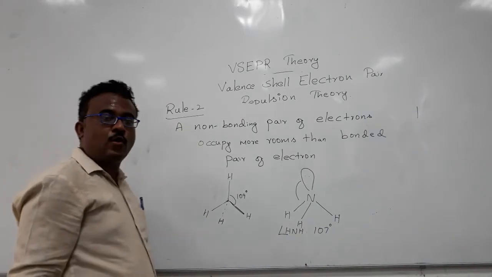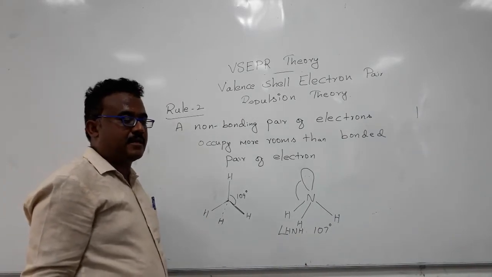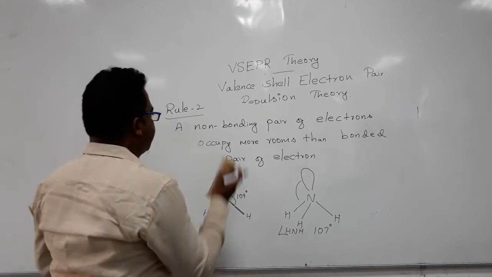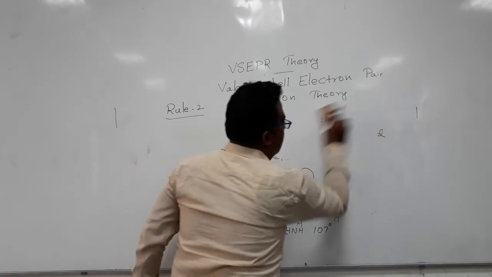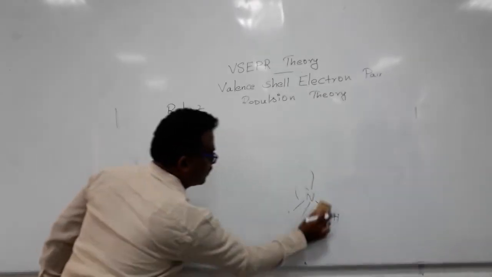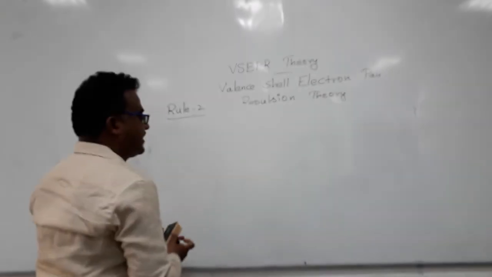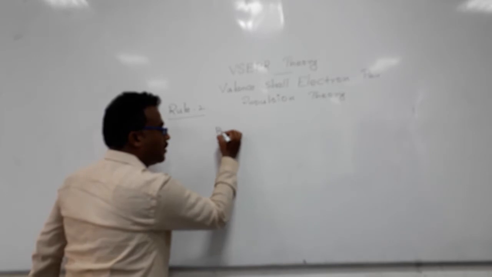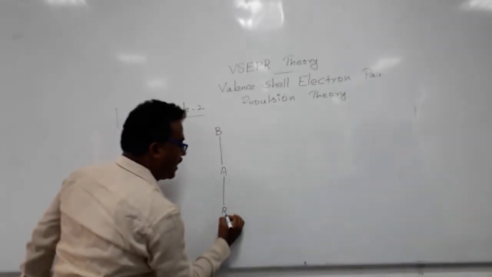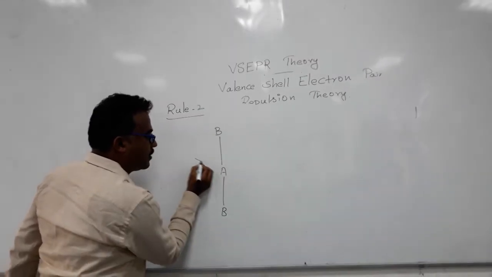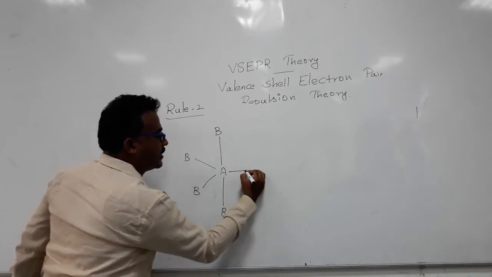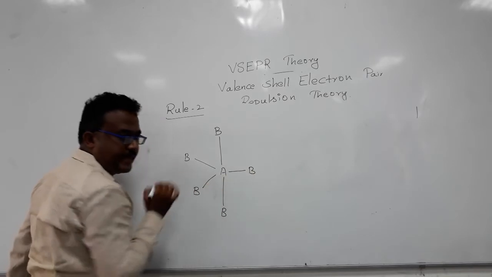Okay, now let me go to the next one. Let me come to the trigonal bipyramidal geometry. In trigonal bipyramidal geometry, we know that you have 2 bond lengths which are longer and 3 bond lengths which are shorter.